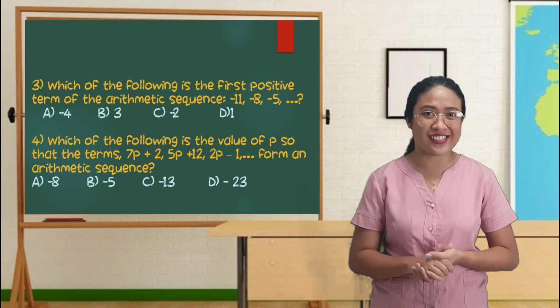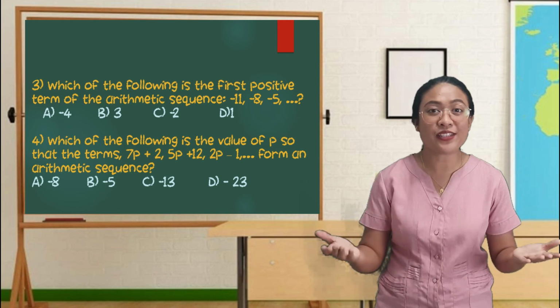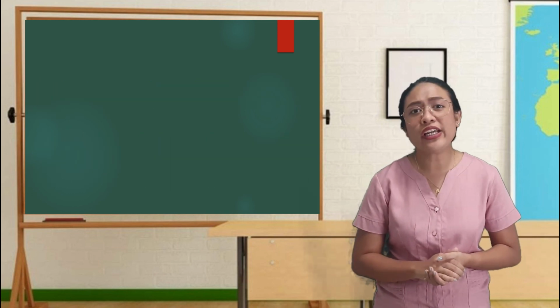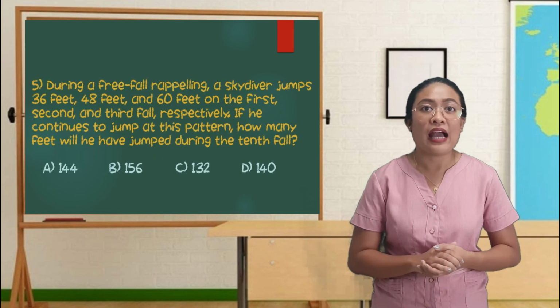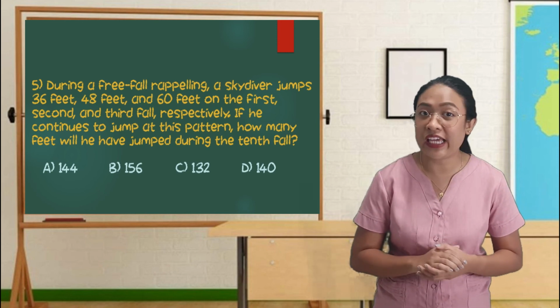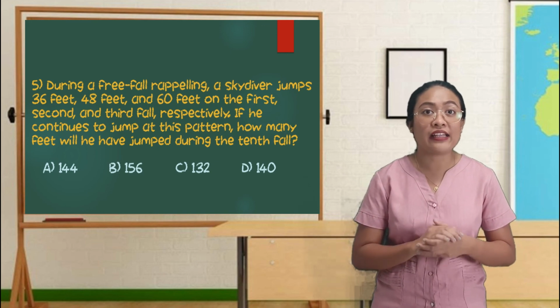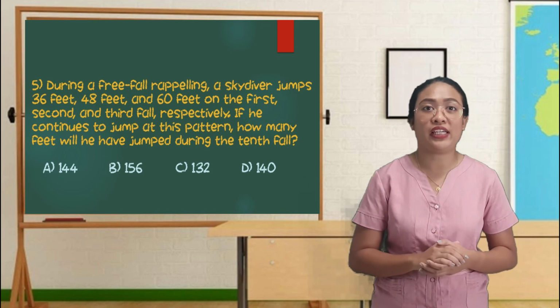What is your answer? And lastly, for item number 5, during a free fall rappelling, a skydiver jumps 36 feet, 48 feet, and 60 feet on the first, second, and third fall respectively.